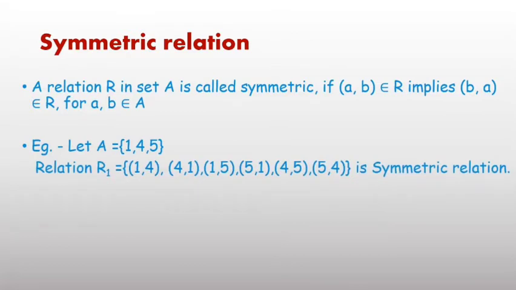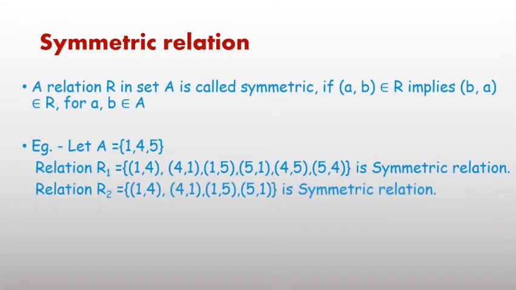Set A equal to 1, 4, 5. Then relation R containing elements (1, 4), (4, 1), (1, 5), (5, 1), (4, 5), (5, 4) is a symmetric relation because easily you can observe (1, 4) belongs, then (4, 1) is also present here. (1, 5) present, then (5, 1) present. (4, 5) present, then (5, 4) present.